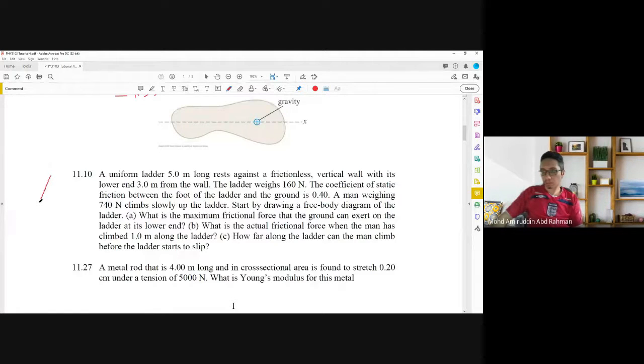So that's the wall, and then 5 meter. The ladder weight is 160 Newton. The static friction between the foot of the ladder and the ground is 0.4.